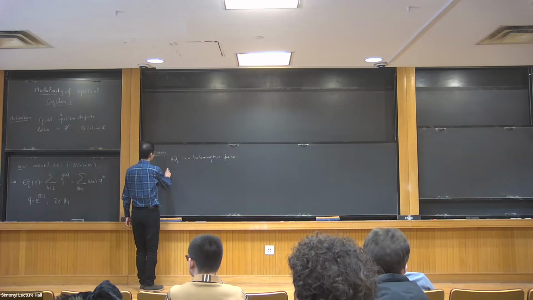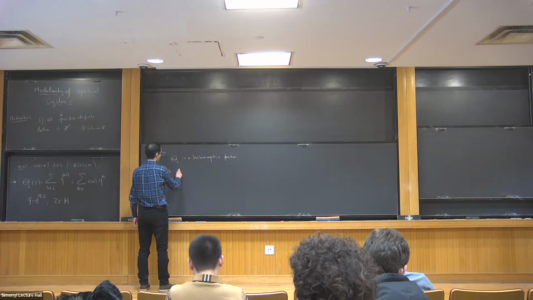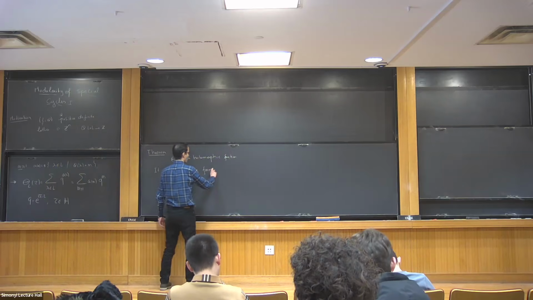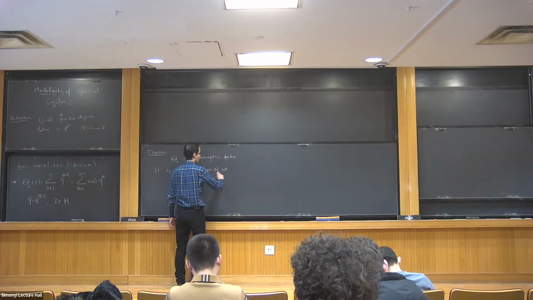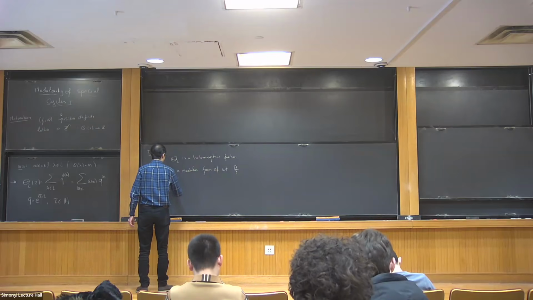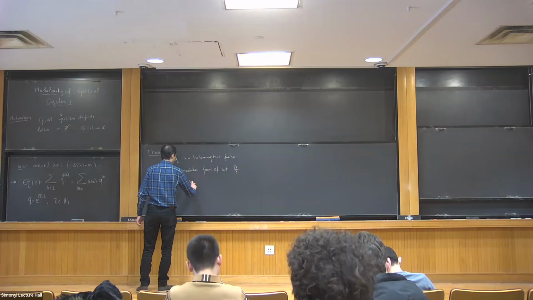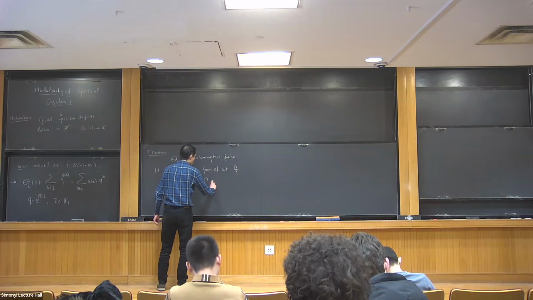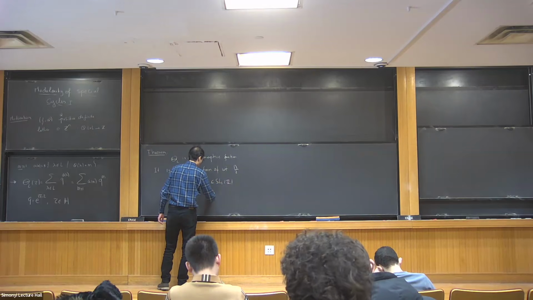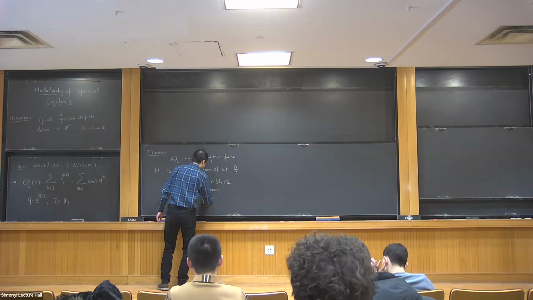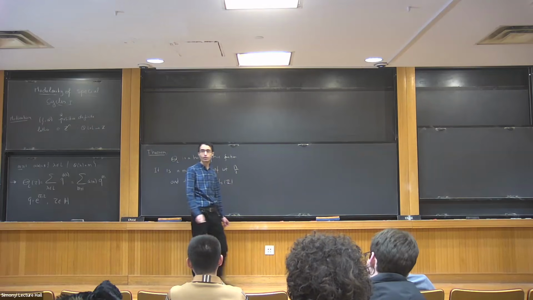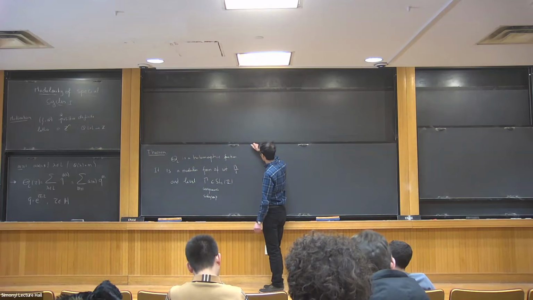So in fact, it is a modular form of weight n over 2, where n is the rank of the lattice, and level some congruence subgroup Gamma in SL2(Z). It's usually possible to find what this congruence subgroup is just from the intersection matrix of Q, but let me not do it here.